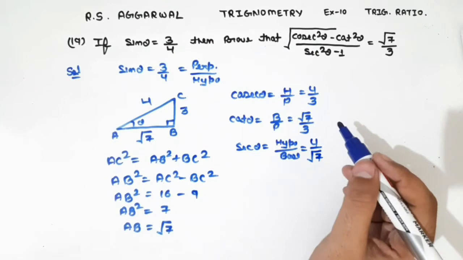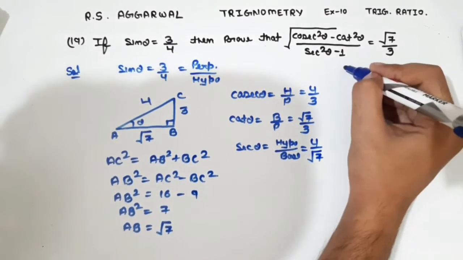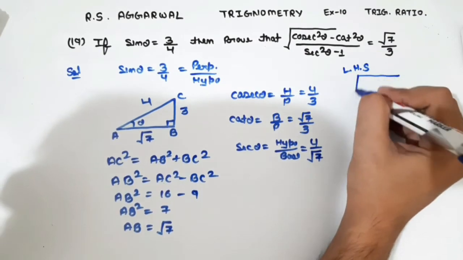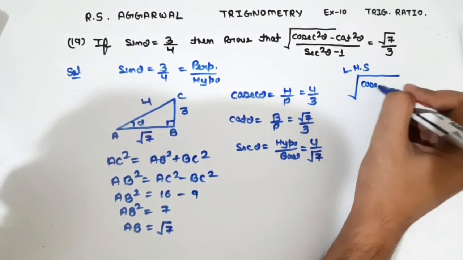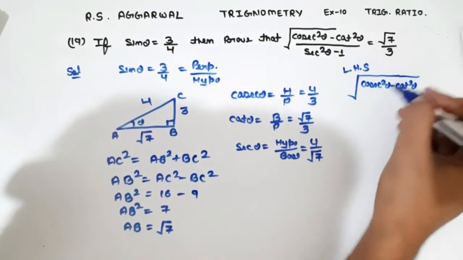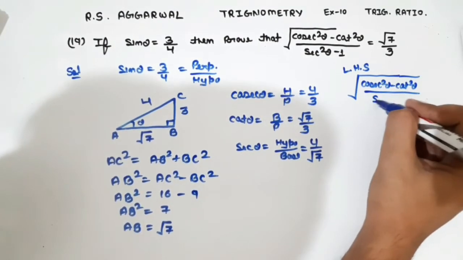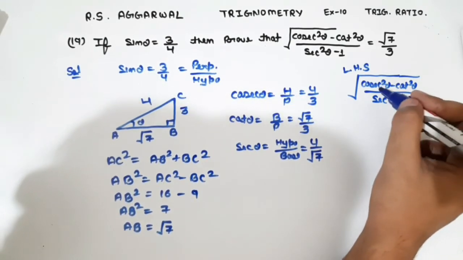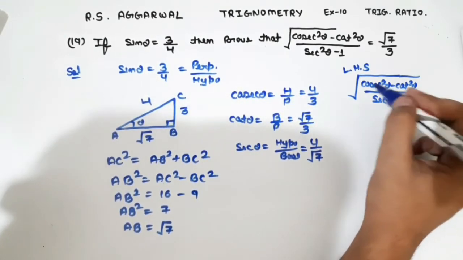So now from the left hand side, that is under root cosec square theta minus cot square theta upon sec square theta minus 1. So now putting the value of cosec theta, cot theta and sec theta.